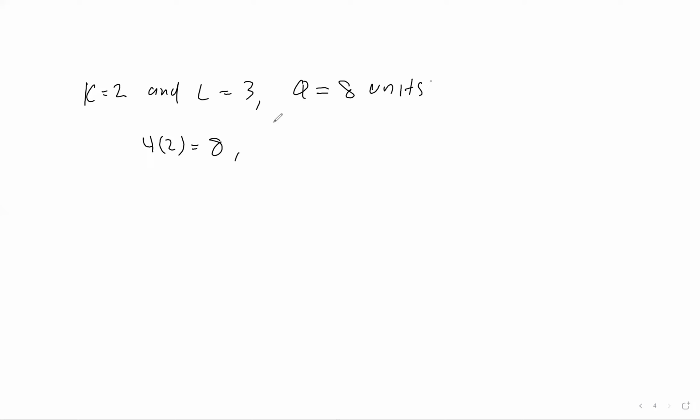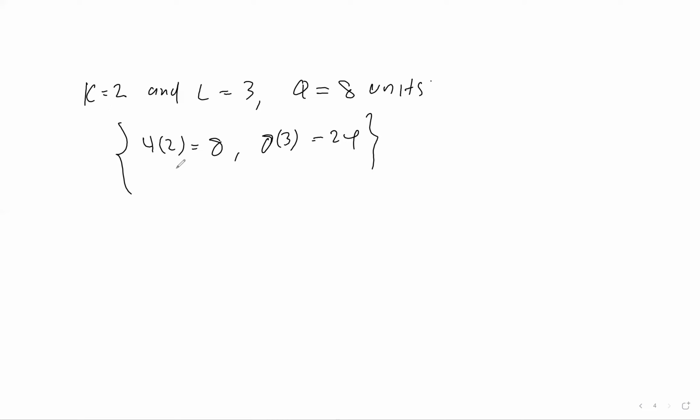And using 3 units of labor, which is 8 times 3, that is equal to 24 units of Q. That yields 24.